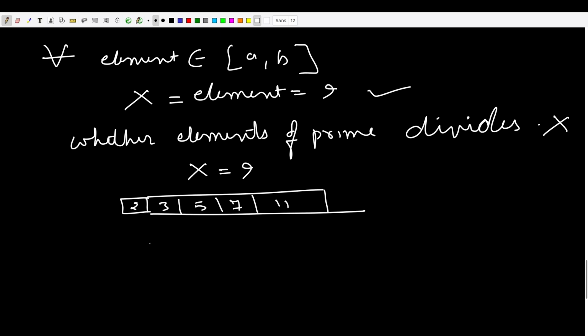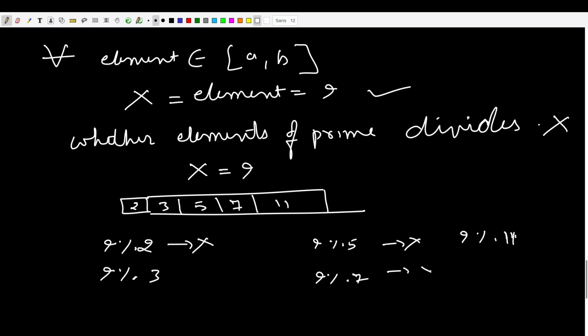So we are going to check whether 2 divides 9 or not, whether 3 divides 9 or not, whether 5 divides 9, whether 7 divides 9, and whether 11 divides 9, right? So clearly this does not divide, this does not divide, this also does not, and this also does not divide, right?